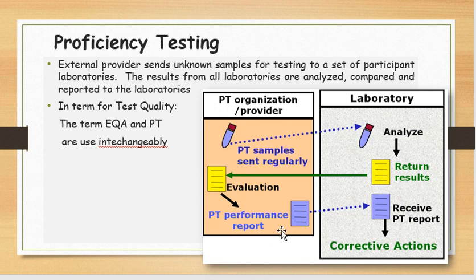This report will be sent back to the participant laboratories, and the lab will receive the proficiency testing report and analyze whether there is anything wrong or the results are okay. If there is something wrong with the result, they need to do the corrective action.